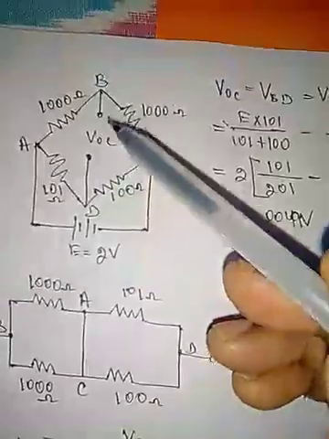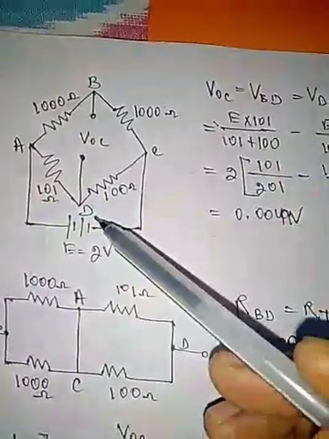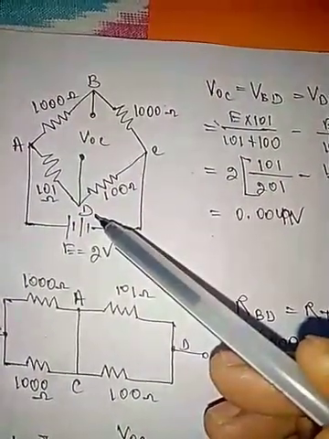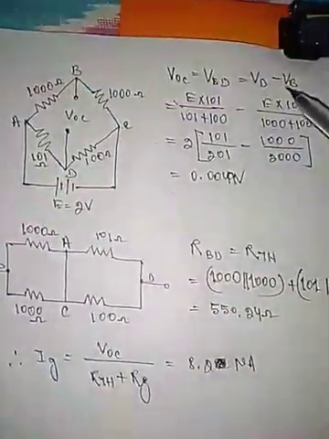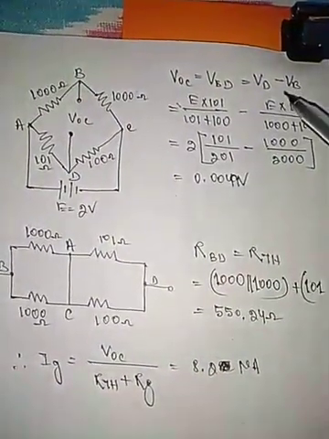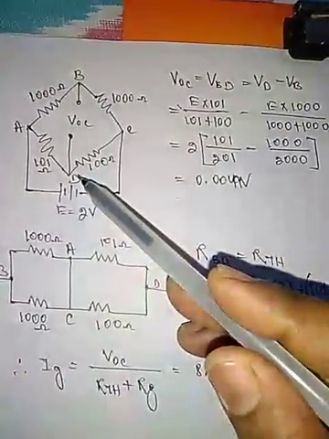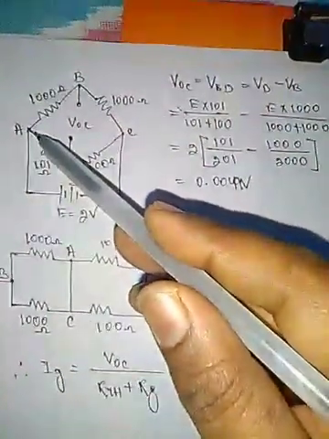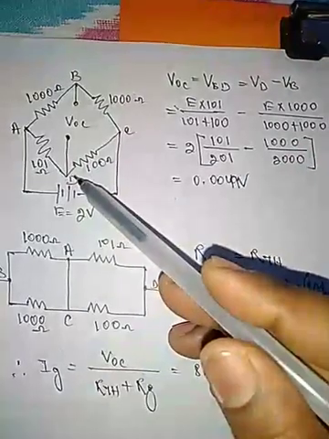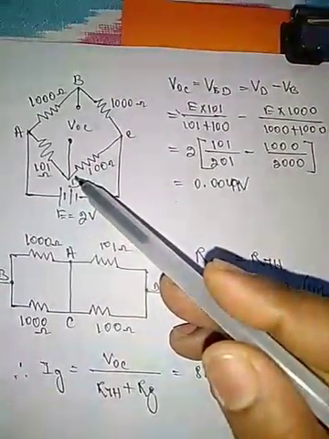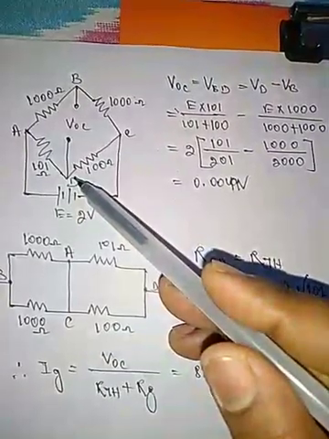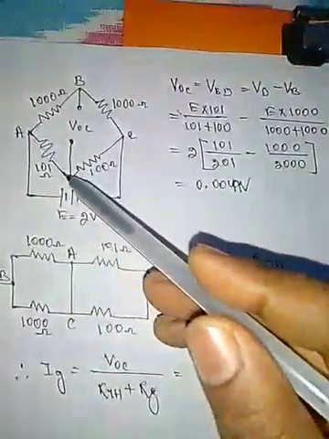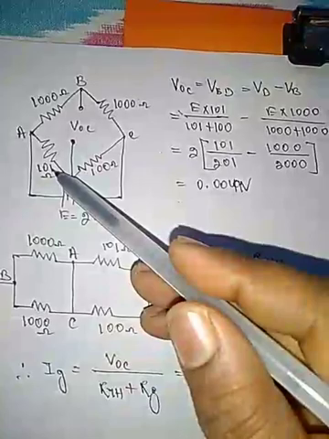VOC is the voltage across BD, that is equal to VD minus VB. What is VD? That is the potential across this terminal, VAD. So this is the current flowing through this resistance.